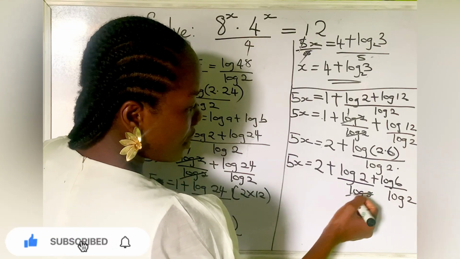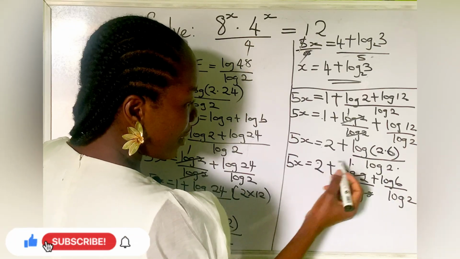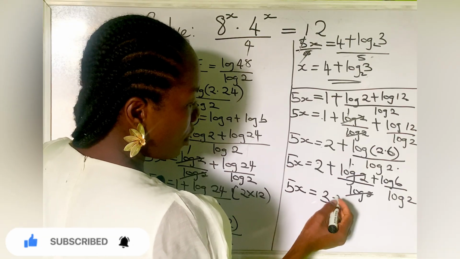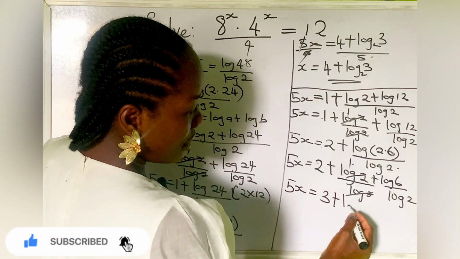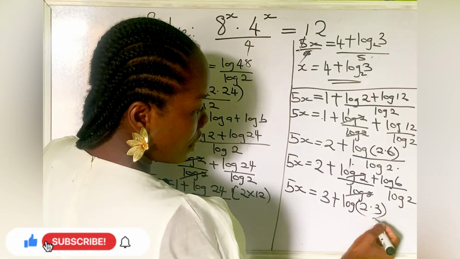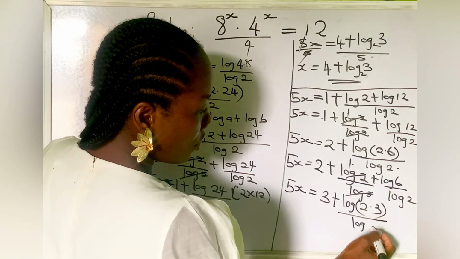All right, this cancels this to give you 1. This adds to this to give us 3. Now we have 5x is equal to 3 plus log 6, which is going to be 2 multiplied by 3, which should give us 6 over log 2, right?